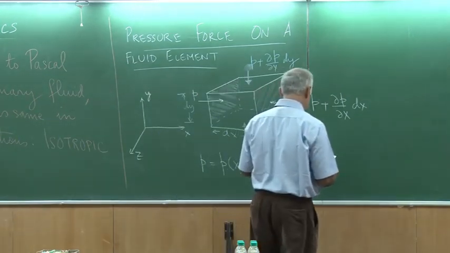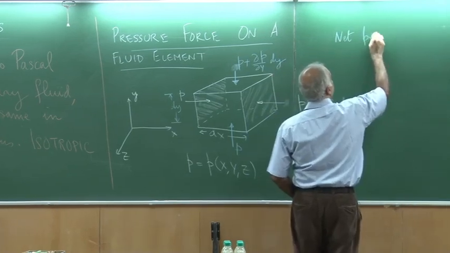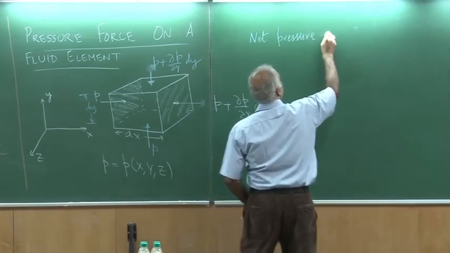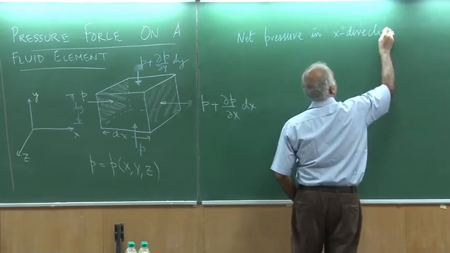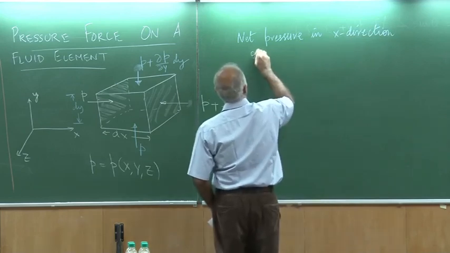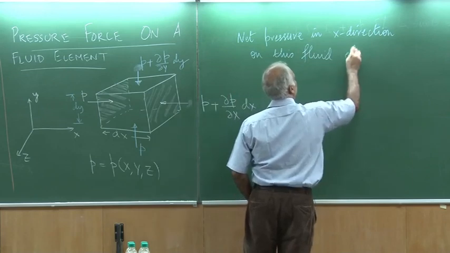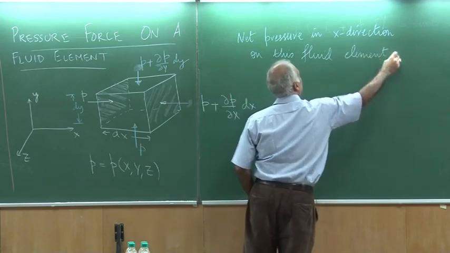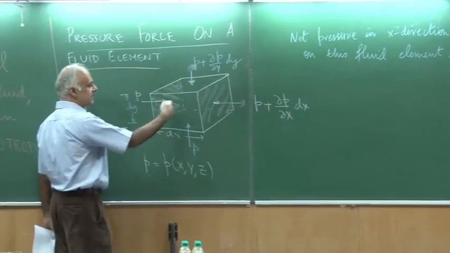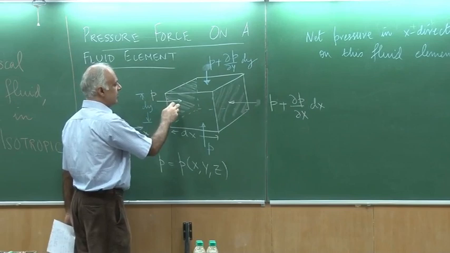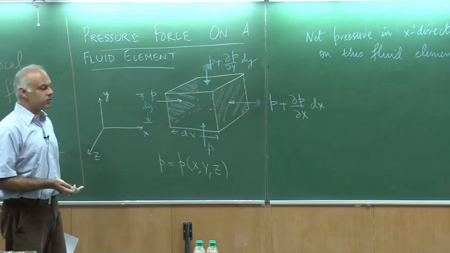Okay. So I could talk about the net pressure in x direction on this fluid element. So please notice, because pressure acts normal to the surface, so in the x direction only these two faces contribute, no other face would contribute.